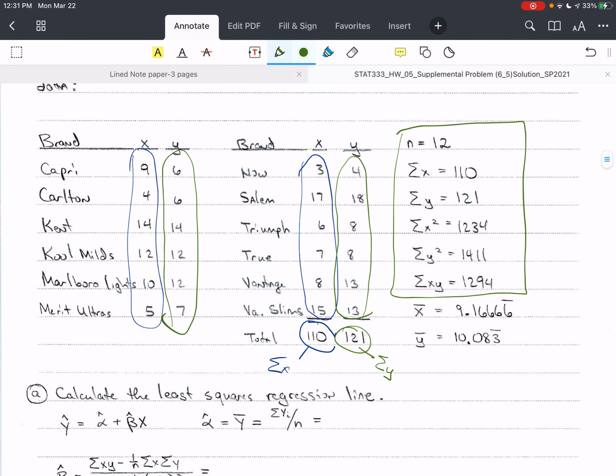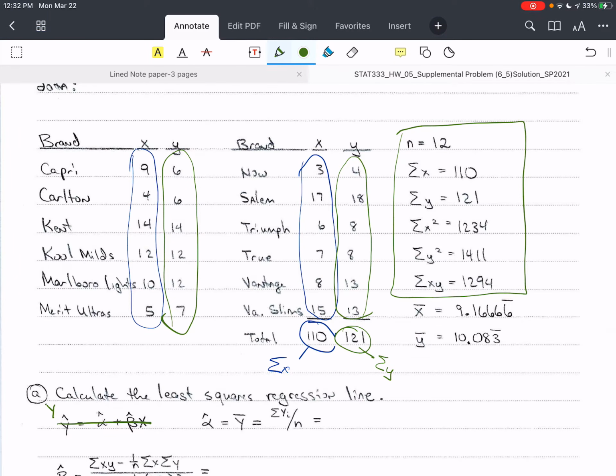So we're trying to get this line with the estimate. The first thing we need to do is find alpha hat and beta hat. Alpha hat is the easiest, using the regression line that we're using in this course. Oh, and I have this wrong too, don't I? Because that's not our regression line in this course.